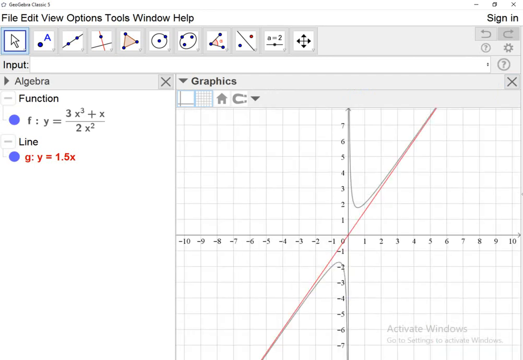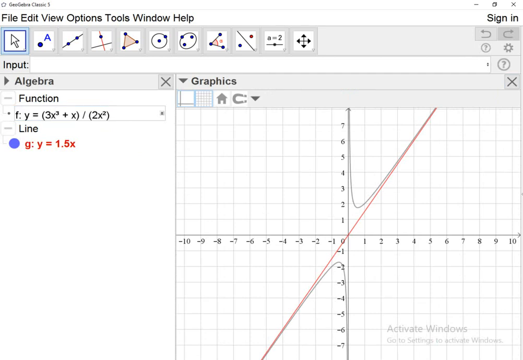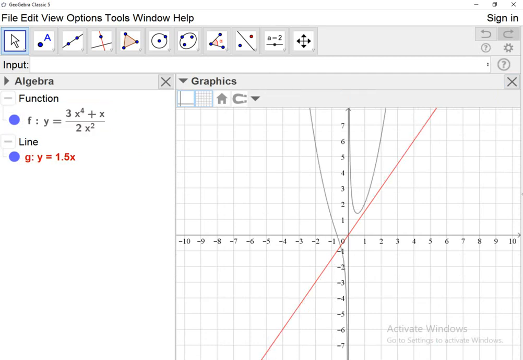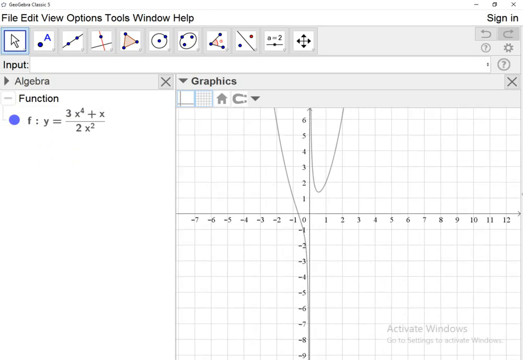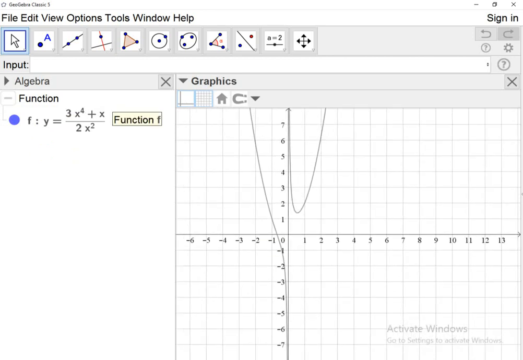Now, there are things that we could do that would look like, let's see this, 4th degree here. Okay. So now we don't have a slant asymptote. What we end up with is, if I do the division here, don't we get something like 3x squared over 2?